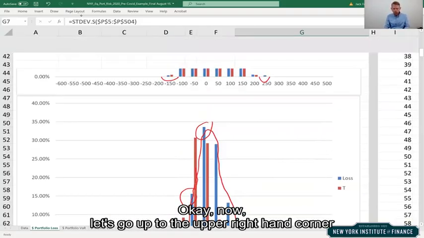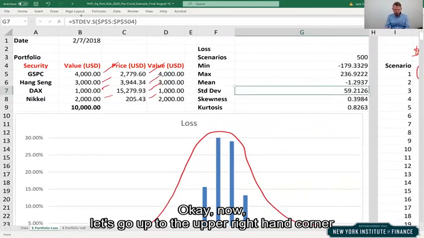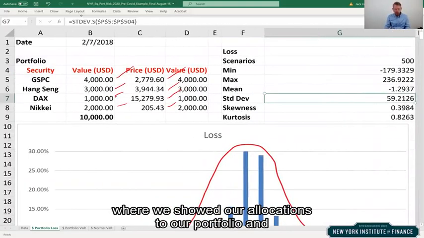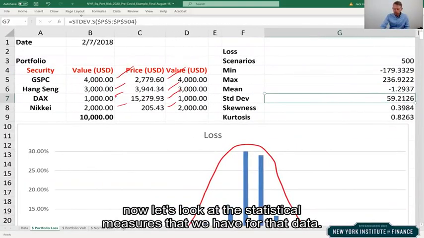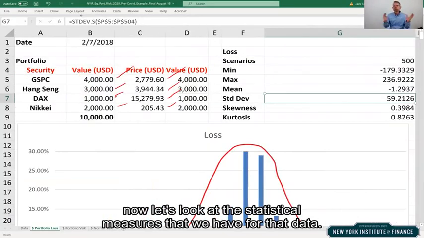Okay, now let's go up to the upper right-hand corner where we showed our allocations to our portfolio. And now let's look at the statistical measures that we have for that data.